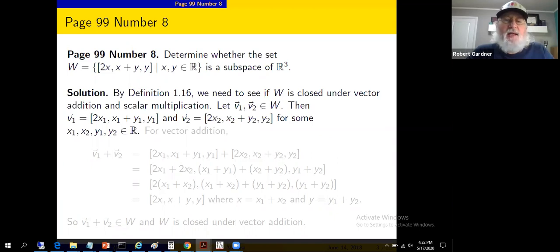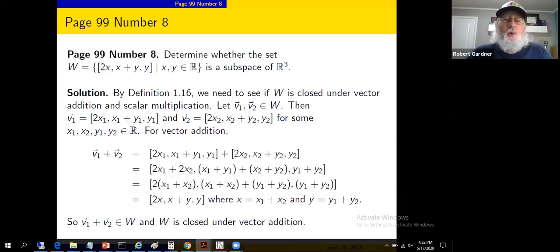We're trying to test first for vector addition. So we'll add v1 and v2 together and see if there's an x and y that produces that vector sum. I know what v1 looks like, and I know what v2 looks like, because I know what everything in W looks like in terms of a format. You give me x and y, I'll give you a vector in W. If I give you a vector in W, you can probably find the x and y as well, reverse engineer it. All right, add those together component-wise.